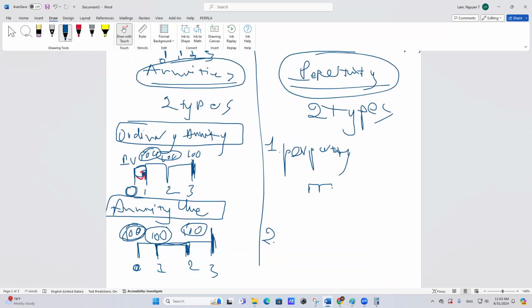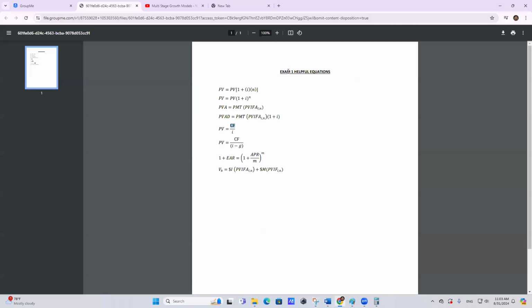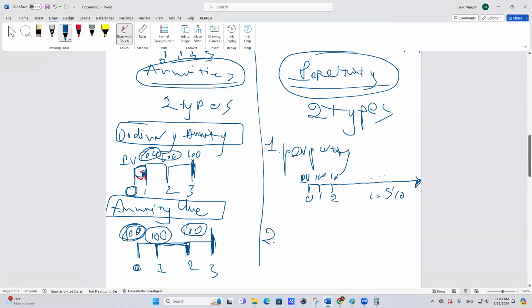Let's say that from now on, 1 year from now, you're going to receive $100 every year for the rest of your life. With an interest rate of, let's say, 5%, how do you value the present value? Looking at the equation sheet for exam 1, you see that this equation right here is talking about the regular perpetuity.